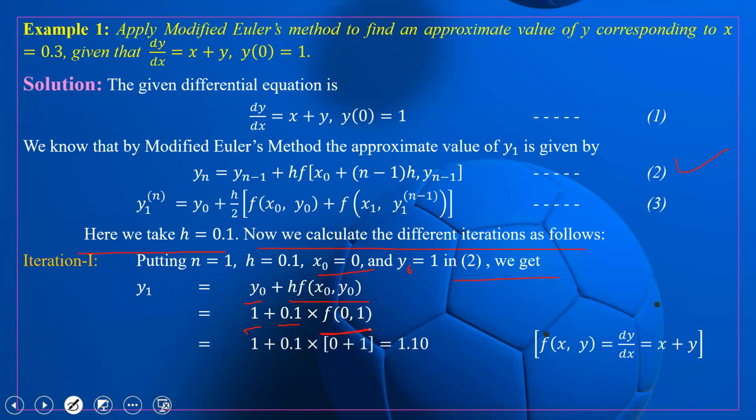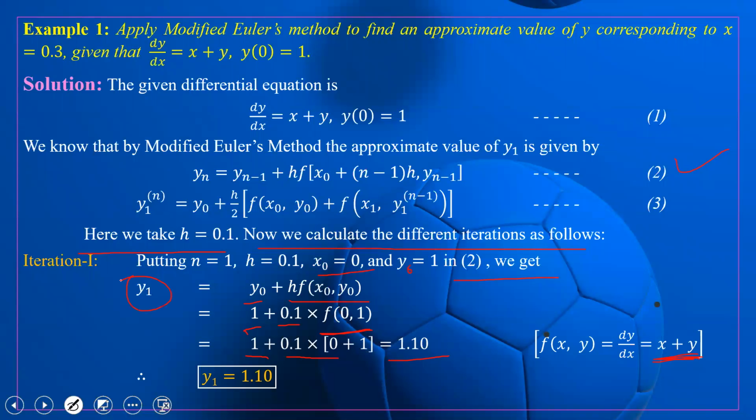What is f of 0, 1? It is calculated by this formula, x plus y. So 1 plus 0.1 times (0 plus 1). So this is equal to 1.10. This is a similar value we have already obtained in the last example. So now this is our y1.